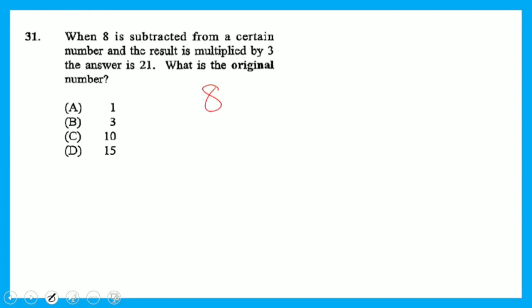When 8 is subtracted from a certain number, and then that result is multiplied by 3, the answer is 21. Right? So when we multiply 3 by the answer we get when 8 is subtracted from a certain number, the answer is 21. And so we'll solve this equation quickly.